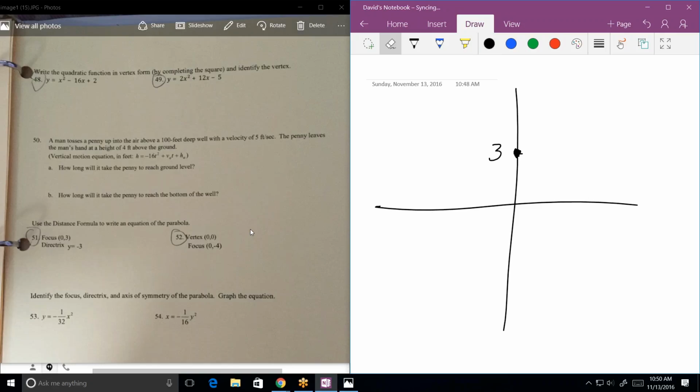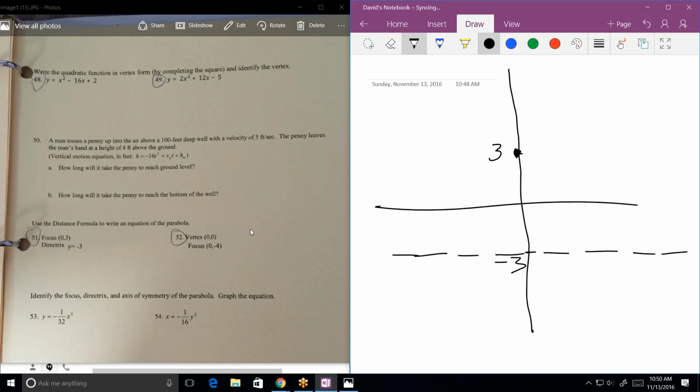Now, with the directrix, y equals minus 3. Hold on. Sometimes I hate this program because I accidentally leave it and erase. Well, y equals minus 3. That's the directrix. Now that tells you where the vertex is.